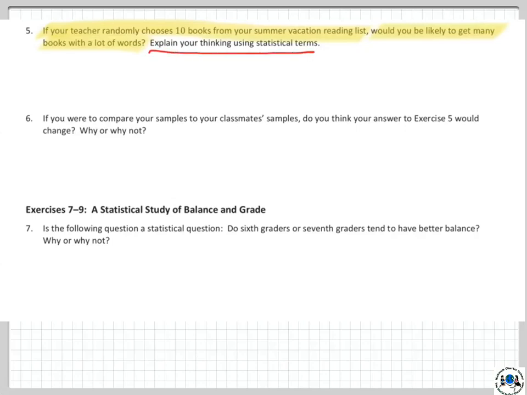And I'm assuming that that is your summer reading list, that sample of that whole population of 150 of the best-selling children's books. Okay, so go ahead and think about that and come on back.